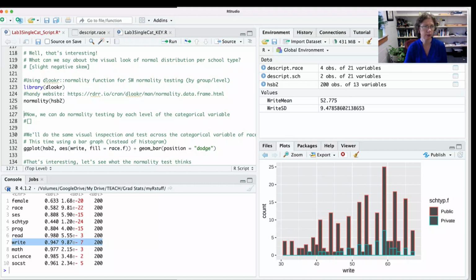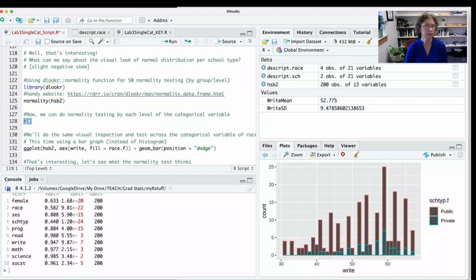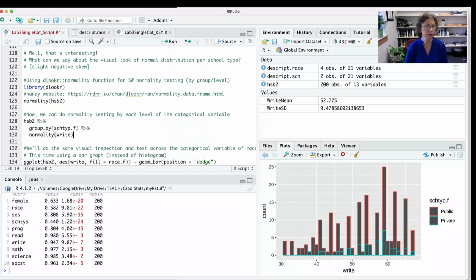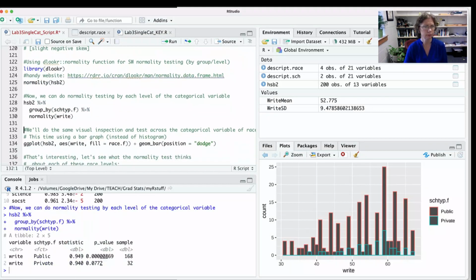It's a significant Shapiro-Wilk, but we also want to check out by categorical variable. There we go. So between public and private, our p-value for public was significant, but our p-value for private was not.